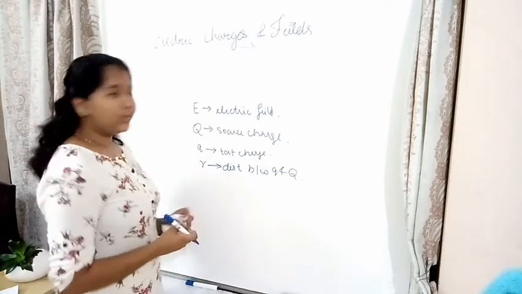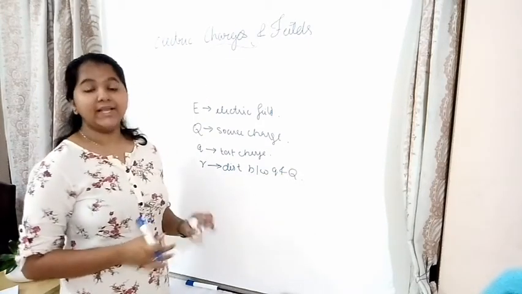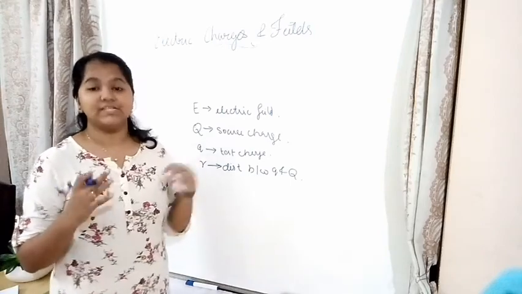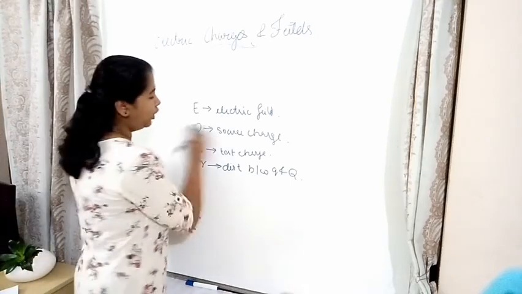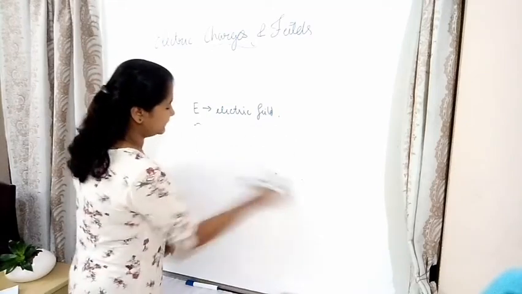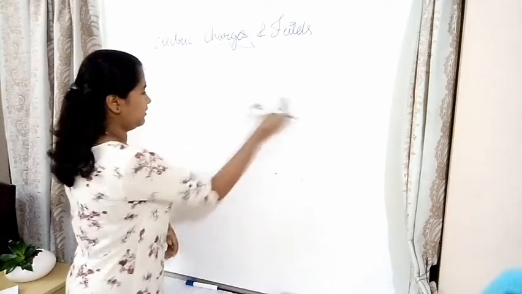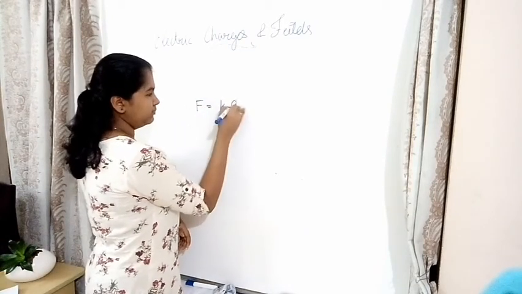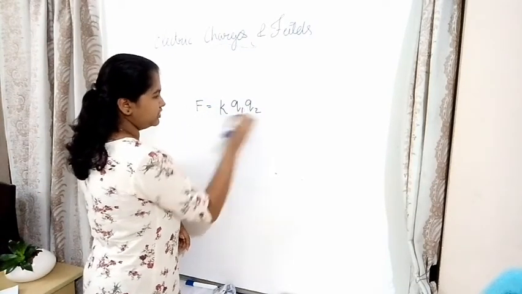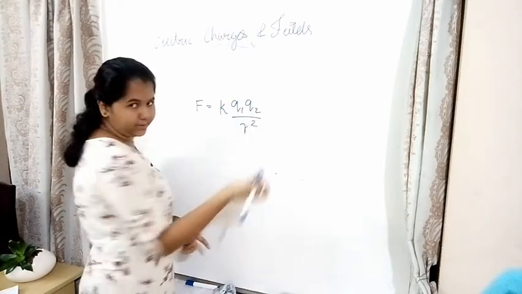So now we know the equation for force. We learned what is electric field: the force experienced by a unit positive charge at a point. So it's a force, so let's write F is equal to K Q1 Q2 divided by R square.